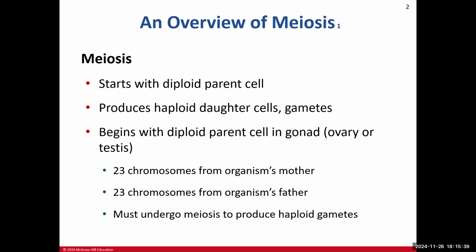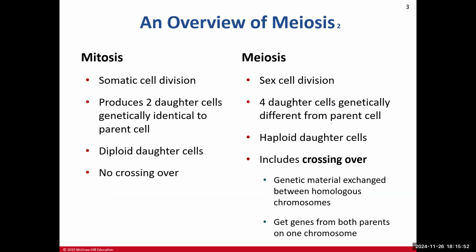They'll reunite to give you that diploid number, 46. That's essentially what we're trying to do: create an organism that has the normal number of human chromosomes. That process is going to be meiosis, which we'll discuss shortly.